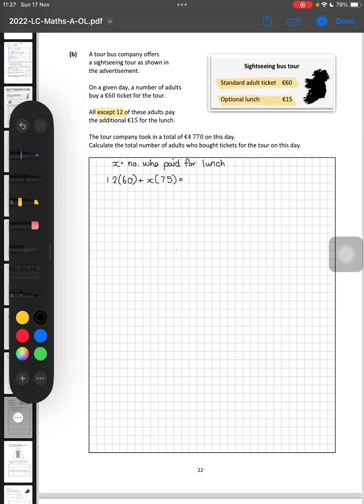And from all that I will get my €4,770. So I need to figure out how many people paid for the lunch, and then I can add that to the 12 who didn't pay for my total amount.